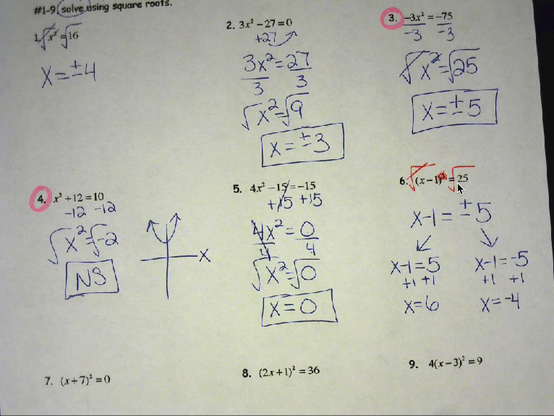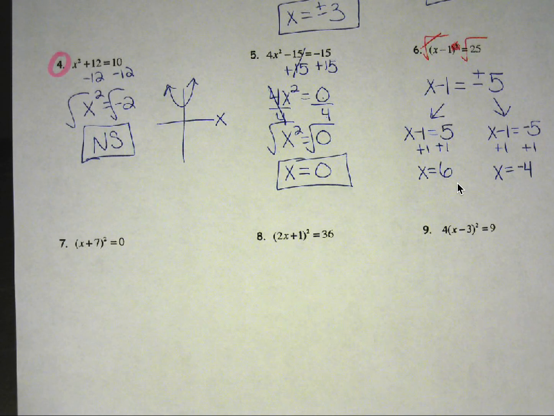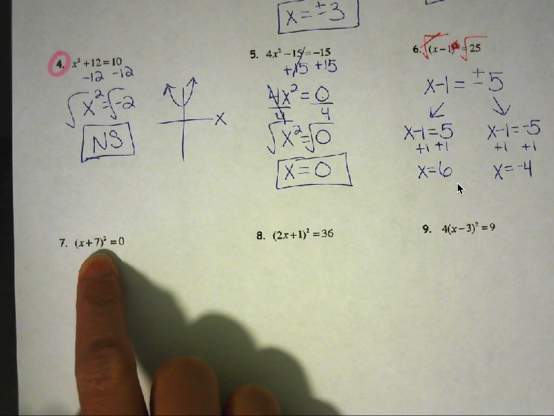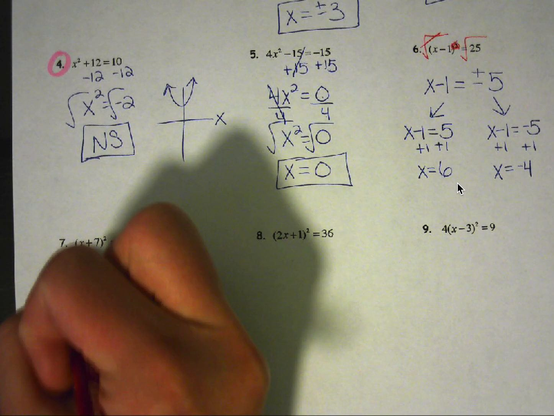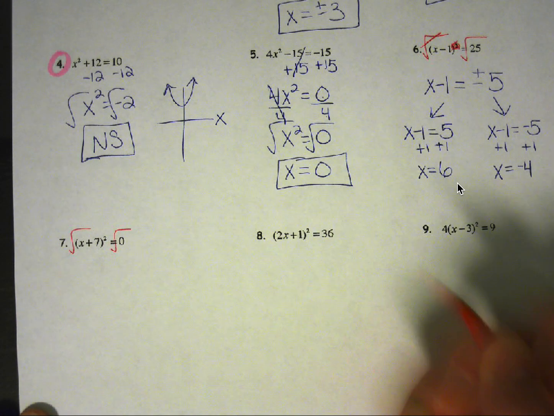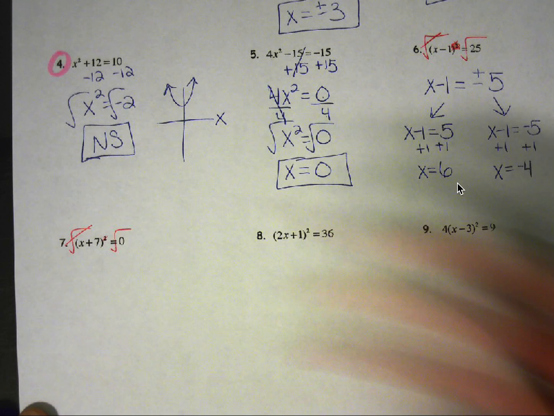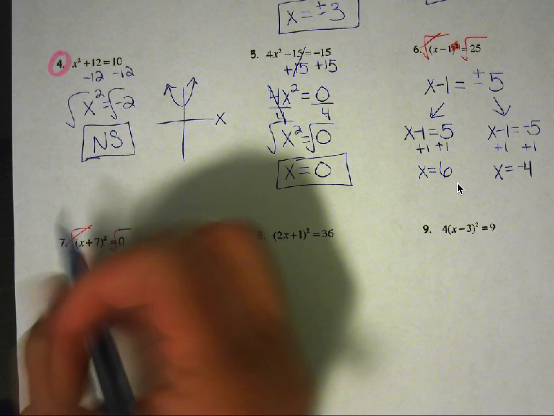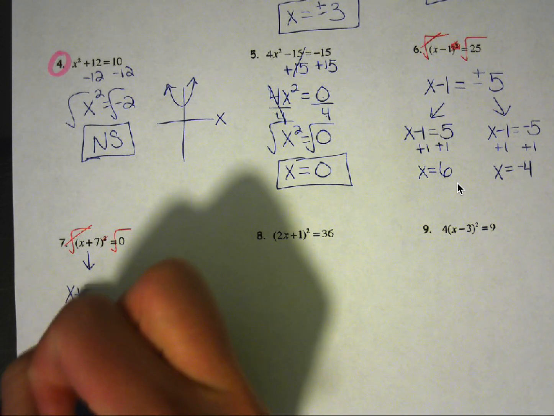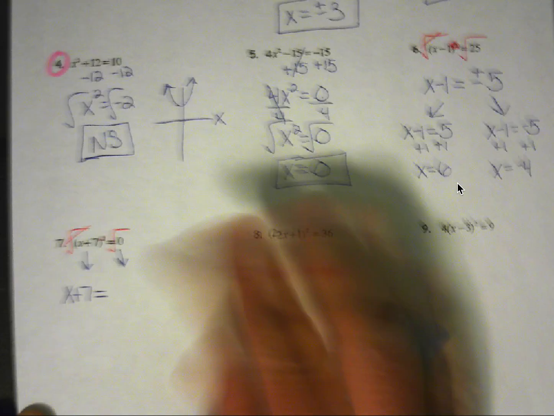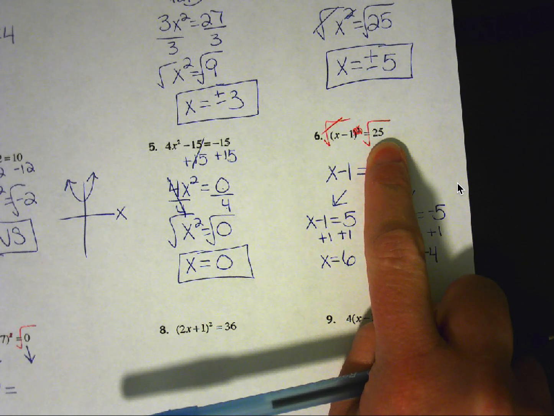So let's try number 7. On number 7, notice we have this piece alone, so we're going to go ahead and just take the square root of both sides, and the square root is going to cancel the square. So on the left side, we're just left with x plus 7. And then on the right side, just like we did over here, we have to take the square root of the number.